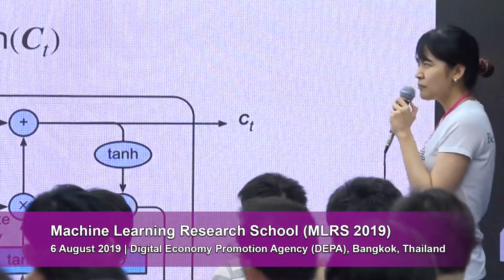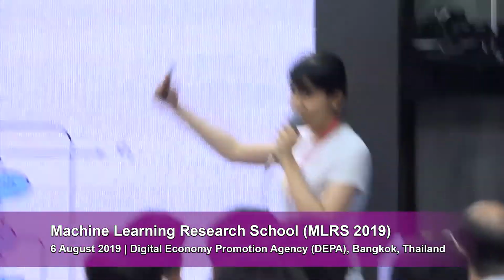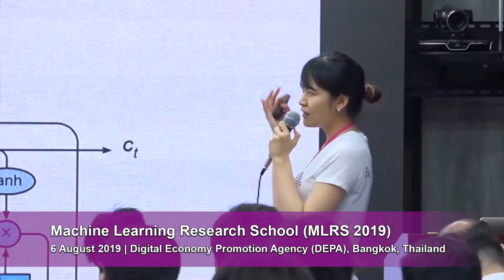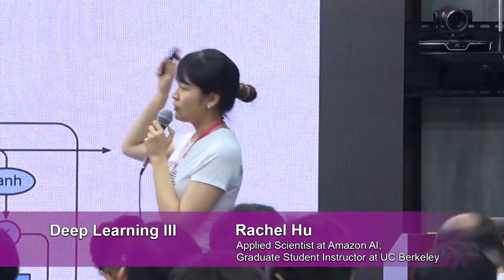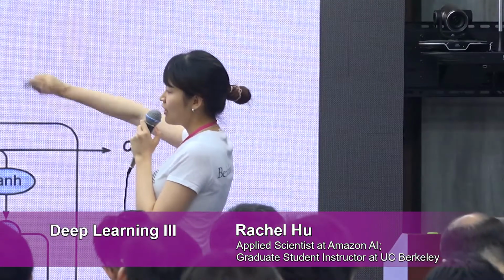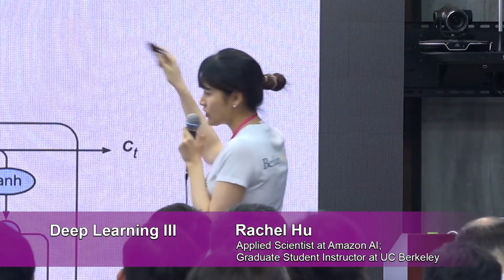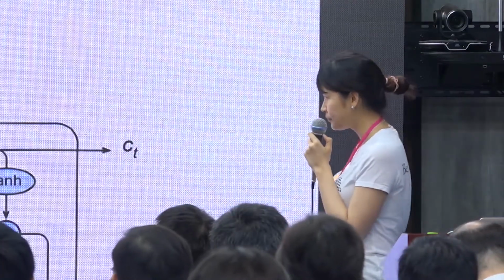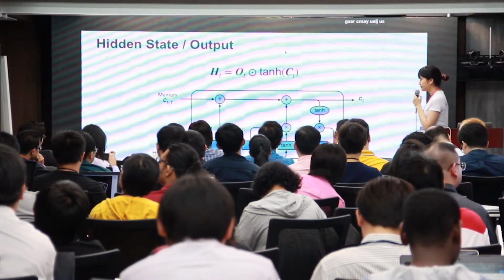You decide whether you want to output your memory and pass it to the hidden state. How do I decide whether to output or not? You have this output gate, right? So you apply that output gate to the memory cell you just calculated above.